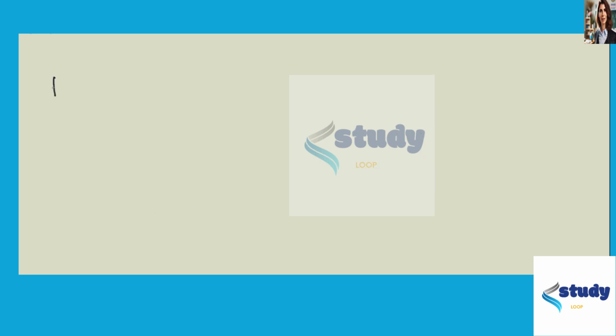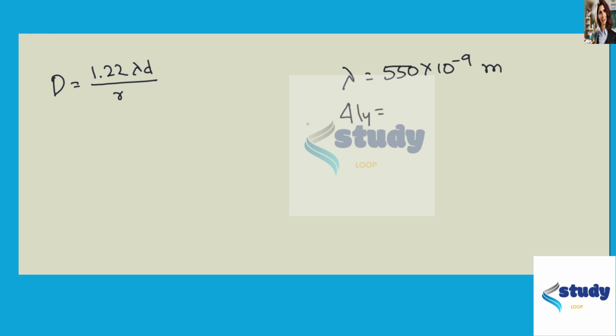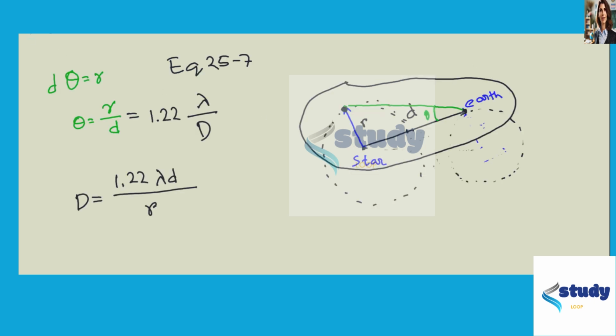Let's write it here. D is going to be 1.22 lambda times d divided by r, where lambda is 550 nanometers. If we convert that to meters, it's 10 to the power minus 9. Then we have 4 light years, that's the d here, the distance from Earth to the Sun, or Earth to the planet, whatever we want to call it.